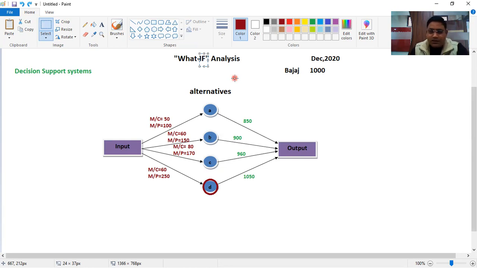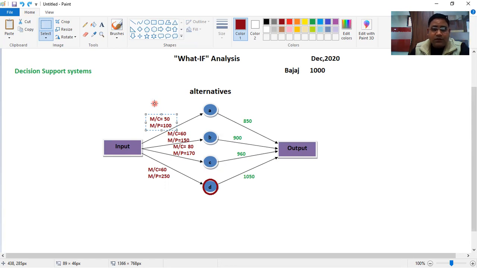Now see the input which I have taken, machines and manpower. In any industry you go to, let us suppose finance or marketing, any functional area, you will know what function you have to apply to achieve that objective.